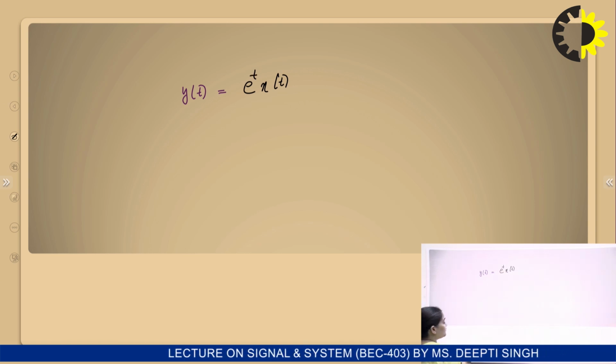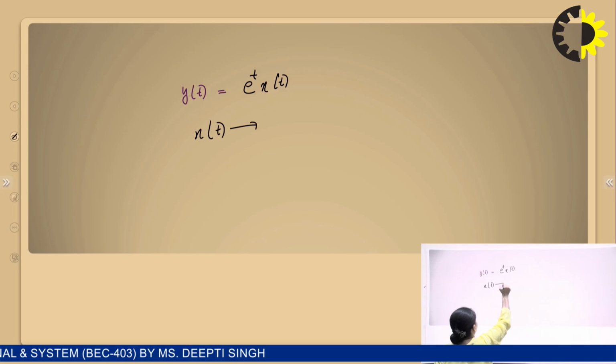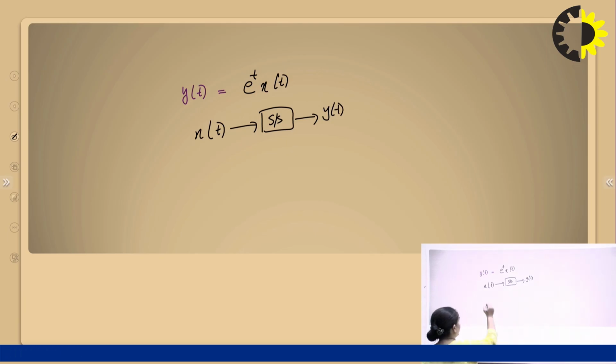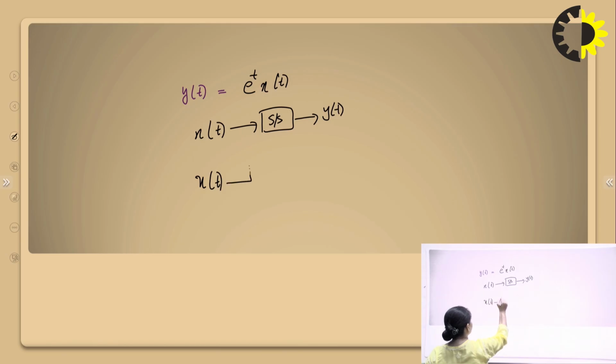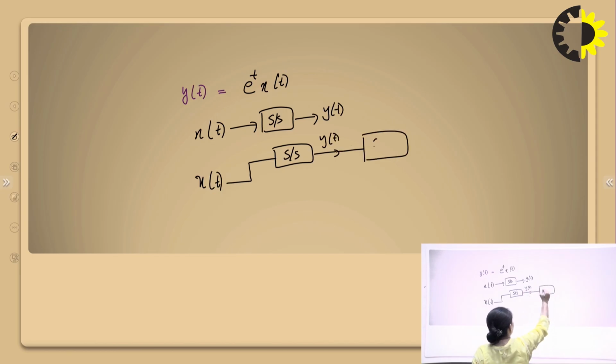Okay, now what time invariancy means is that suppose x(t) is given to a system and we get the output y(t), okay. The procedure is that suppose x(t) is given to a system and we got y(t), and then we delay our system by t naught, and we got some y(t minus t naught) here.